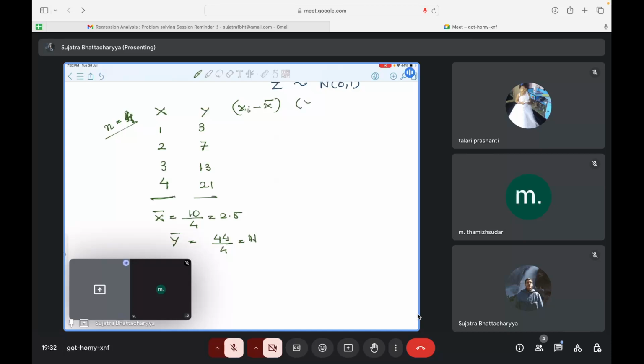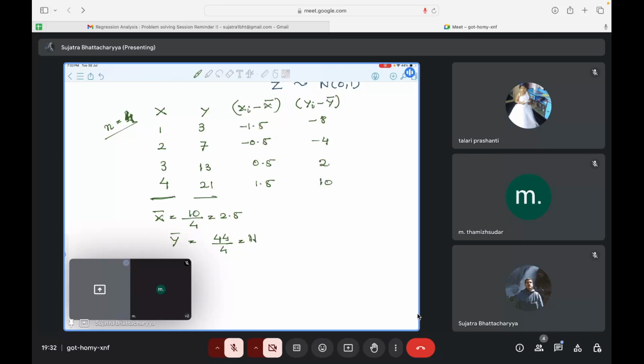Let us first calculate xi minus x bar and yi minus y bar separately. This comes out to be minus 1.5, minus 0.5, 0.5 and 1.5. And yi minus y bar is minus 8, minus 4, 2 and 10.